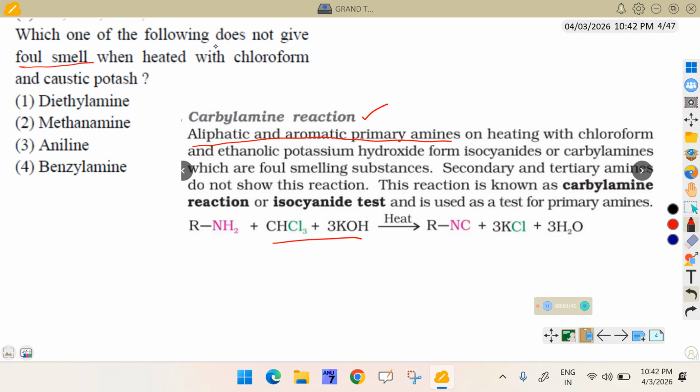So here the question is, which one does not give? Diethylamine does not give. Why? Diethylamine formula is C2H5NHC2H5. It is a 2-degree amine. Only 1-degree aromatic and aliphatic amines give positive test with carbylamine.